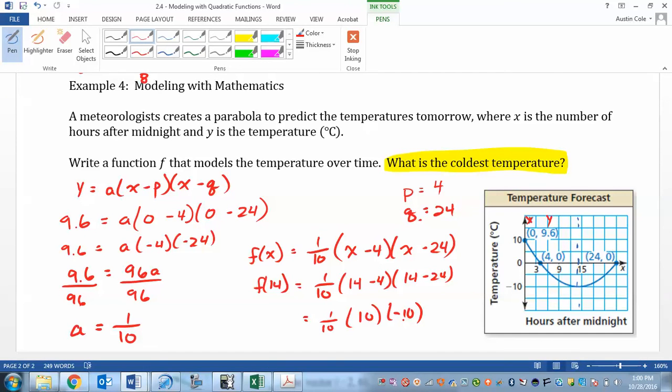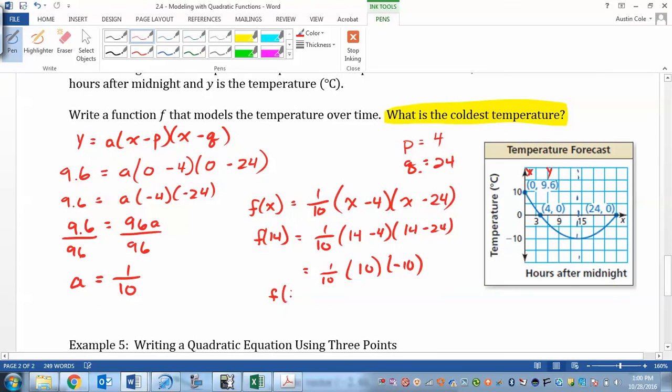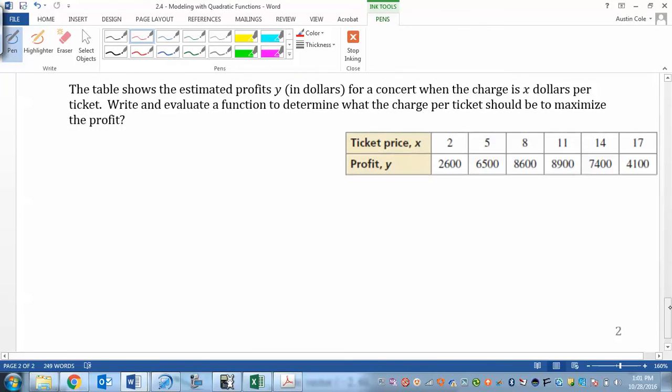What's 1/10 of 100? 10. So f of 14 is in fact, 1/10 of -100, which is -10. It makes sense. That's what the graph said. Okay. The last one, I think it's a little bit easier.